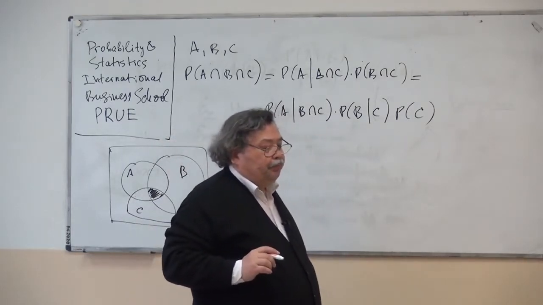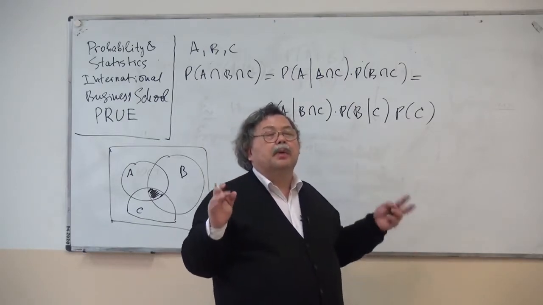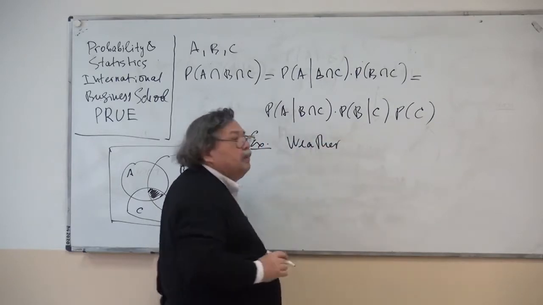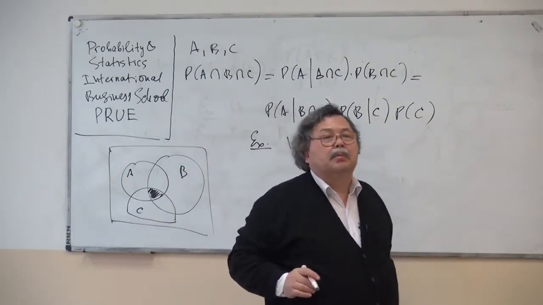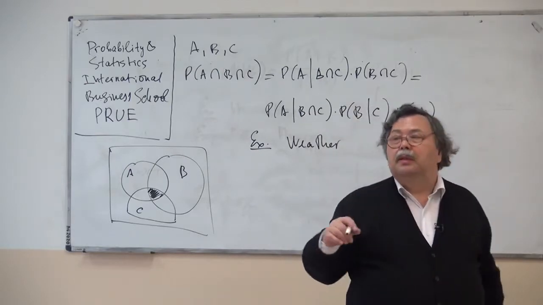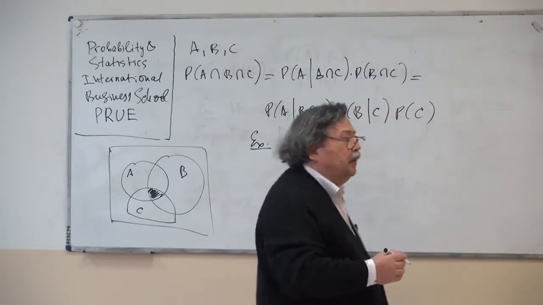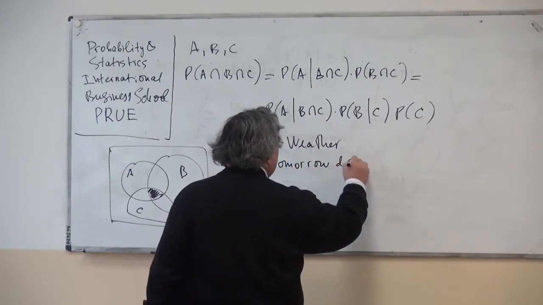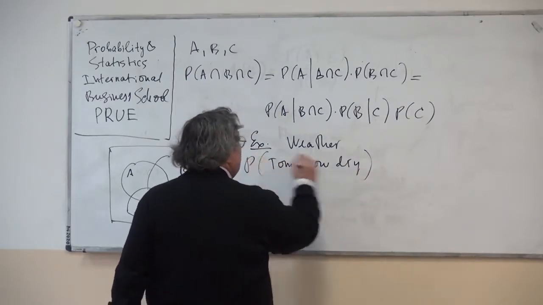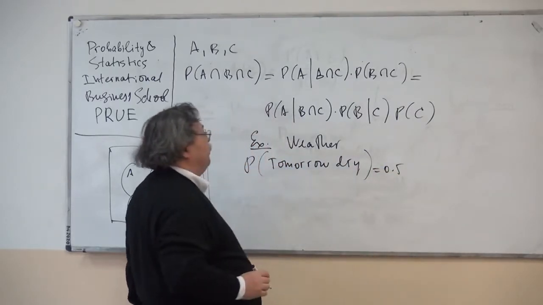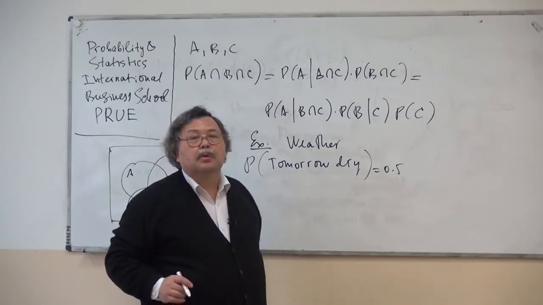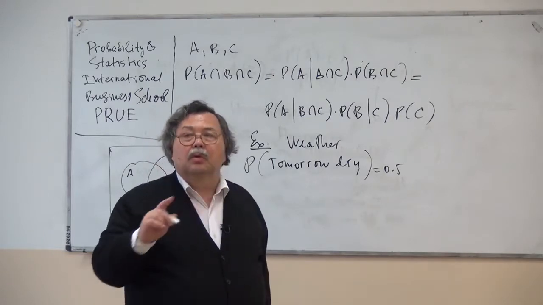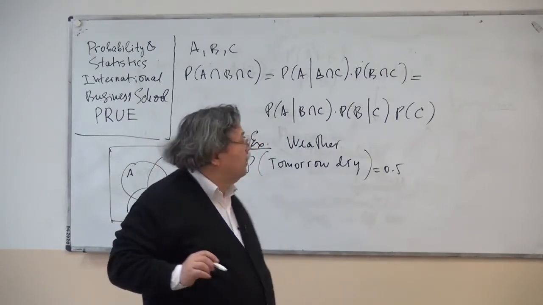Well, suppose the Weather Bureau says that the probability of tomorrow being a dry day is 0.5. Tomorrow dry is this. Also, the same bureau says that if tomorrow is dry, then the day after tomorrow will also be dry with probability 0.4.